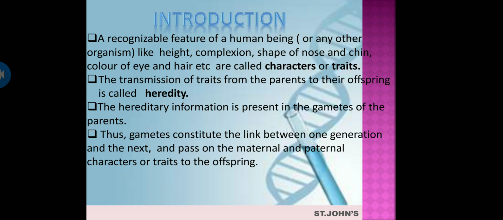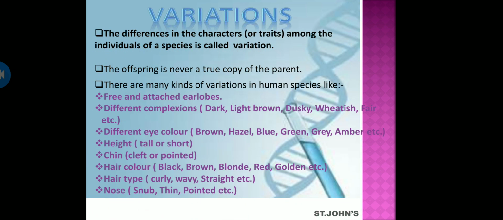So the next important concept in heredity is variation. What are these variations? By the term you can say variations are the differences. The differences in the characters among the individuals of a species are called variation.